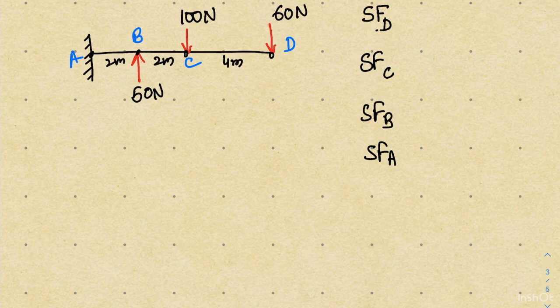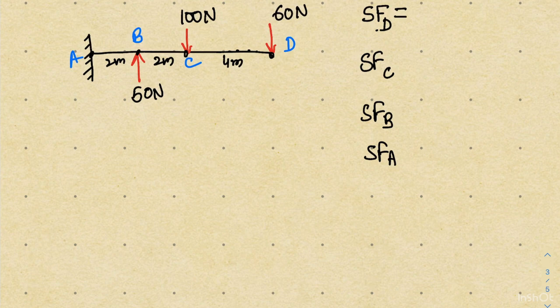For example, what would be the value of shear force when I am moving from D to C? And what is our philosophy to solve the problem? I am walking from point D to point A, and I am going to collect all the loads coming in my way. So when I am at point D, I have a load of 60 Newton in my hand, and as per sign convention the load is in the downward direction.